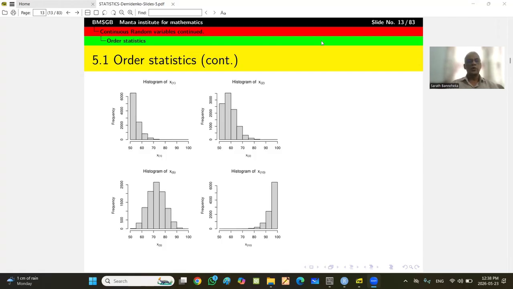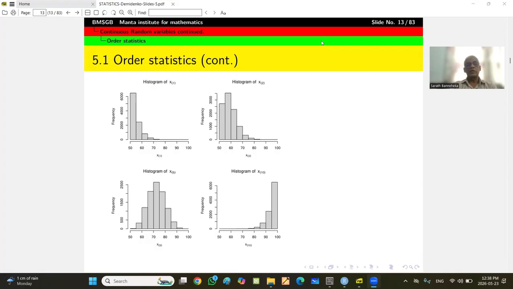So we were particularly looking at the minimum order statistic, maximum order statistic, second order statistic, and the fifth order statistic. That is the first, second, fifth, and 10th order statistic. And I invited you to think why we are having this kind of different distributions when the data are coming from the same distribution.